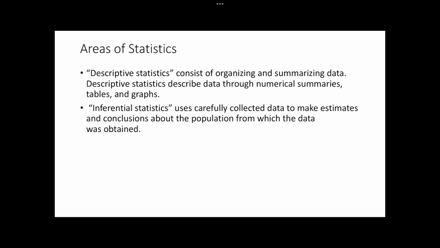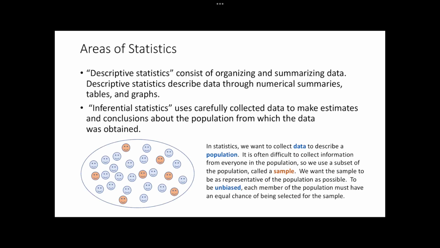In inferential statistics, we use collected data to make estimates and conclusions about the population from which the data was obtained. So the idea here is that perhaps we want to say something about all babies born in North Carolina, but we're only able to collect information from a handful of hospitals in North Carolina. Maybe I can take that information and infer something about all babies in North Carolina.